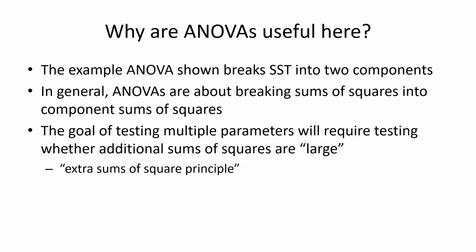Why do we want ANOVAs? Well, this particular ANOVA decomposed the total sums of squares into two components, the model and the error. In general, you can break the model sums of squares down even further so that instead of two components, you have more than two components. And we will see that the subcomponents correspond to individual variables or groups of variables.